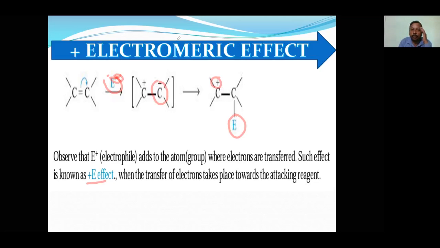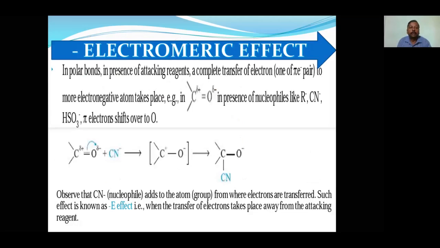The opposite will be the minus E effect. Here it will take place in the case of a nucleophile, whereas the previous one was an electrophile. In polar bonds, in the presence of an attacking reagent, complete transfer of electrons to the more electronegative atom takes place in the presence of a nucleophile.